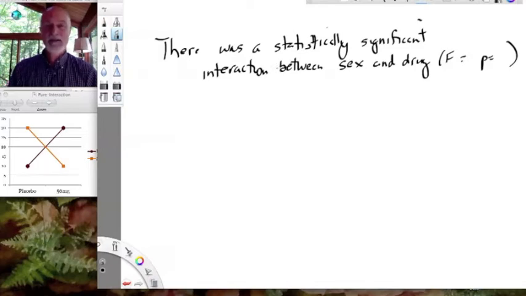Why wouldn't I suggest writing it that way? Is it wrong? Not really. Is it informative? No. It's not very informative biologically to say there was an interaction between sex and drug. What does that mean? The problem is that interaction has a statistical meaning and it has a biological meaning.